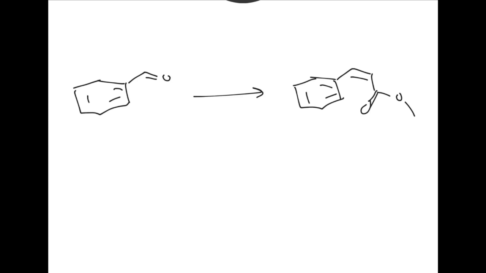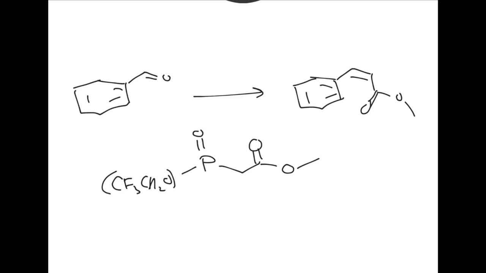This is where you change the carbon group on the phosphorus. So instead of having just carbons and hydrogens, this is the version where you do CF3CH2O. This is the Still-Gennari variant, where this group, having the fluorines on here, selects for the cis double bond.